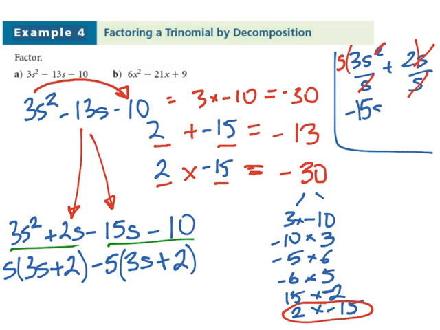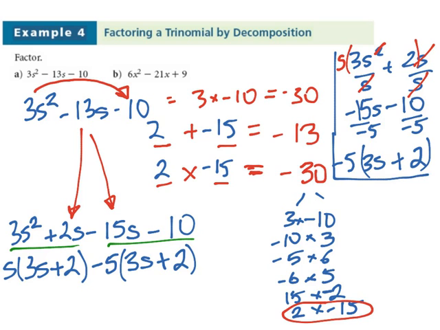We divide by negative 5, and when we do this, negative 15 divided by negative 5 is 3s. Negative divided by negative is a positive, and 10 divided by 5 is 2. And of course, since we are factoring by negative 5, we have to have that factor outside the bracket. And that's how we get this negative 5 times bracket 3s plus 2.